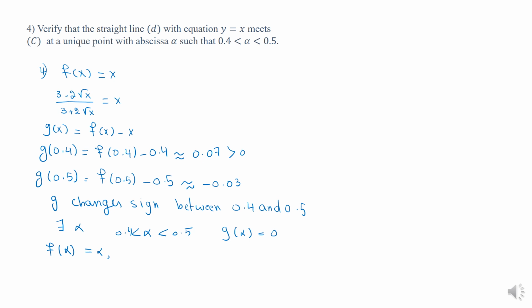So f of x intersects y equals x at a point with abscissa alpha.